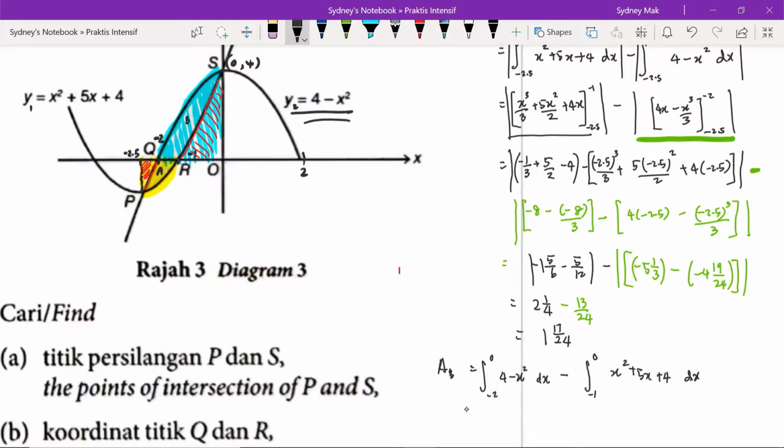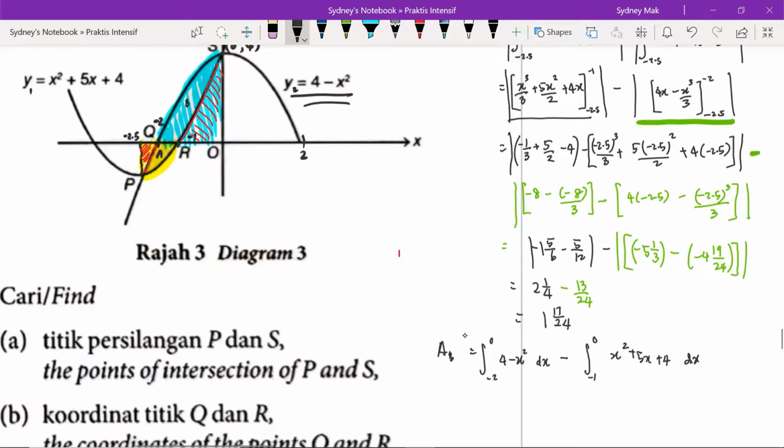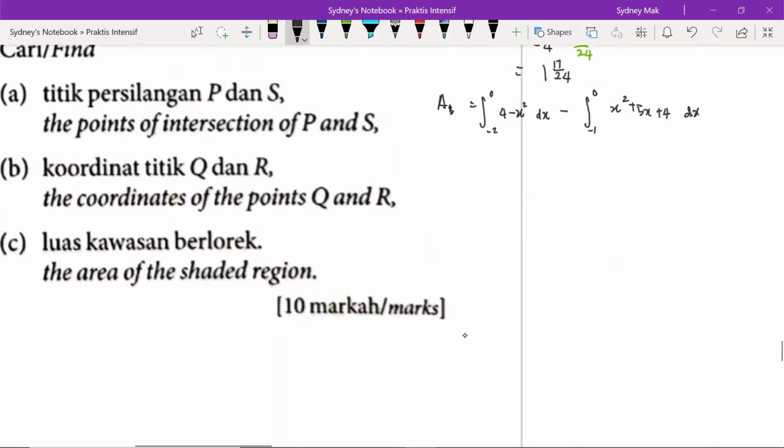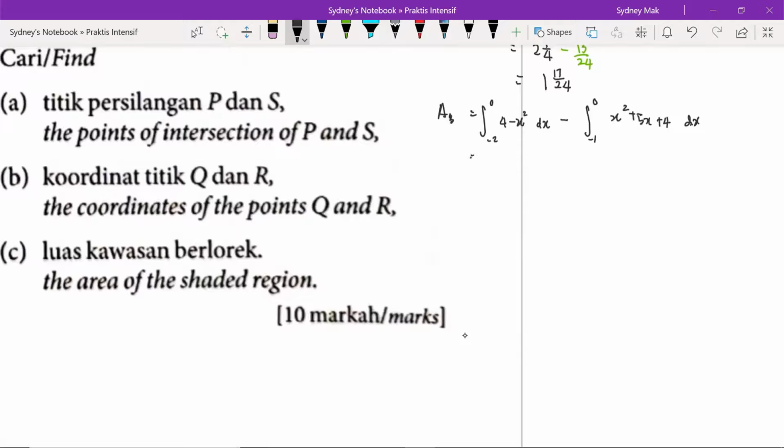Okay, so in this case, let us integrate them. So we have 4x minus x cubed over 3 from -2 to 0, and then minus x cubed over 3 plus 5x squared over 2 plus 4x from -1 to 0. So same thing, we substitute.